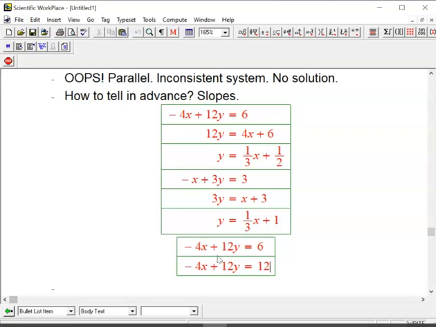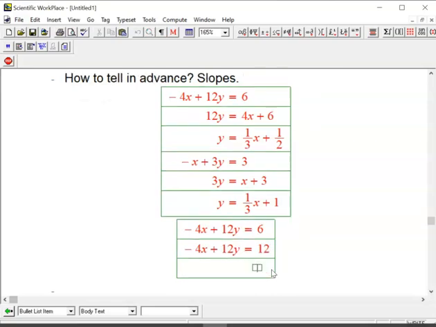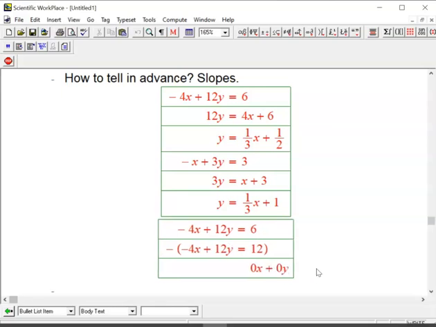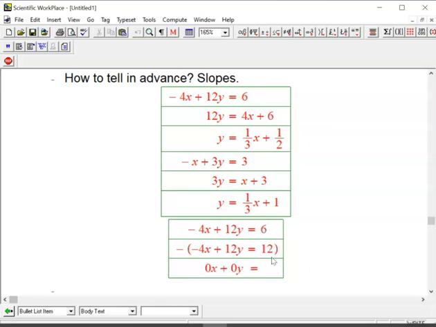And then I'm going to subtract the second equation from the first. That's a little trickier than adding, but I'm going to take a minus of all this stuff. So I'm going to take 4x minus 4x. That cancels. That's exactly the point. And then I'm going to have 12y minus 12y. Whoops. This is weird. But then I have 6 minus 12 on the other side.